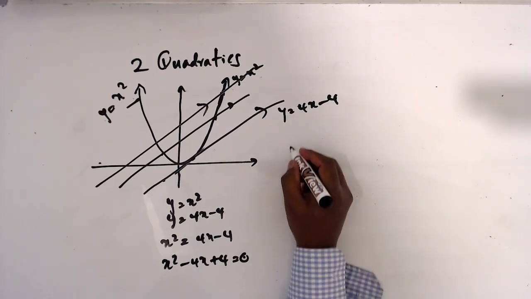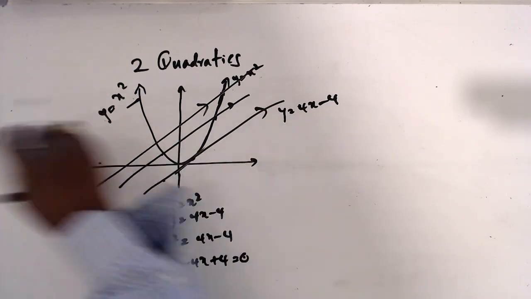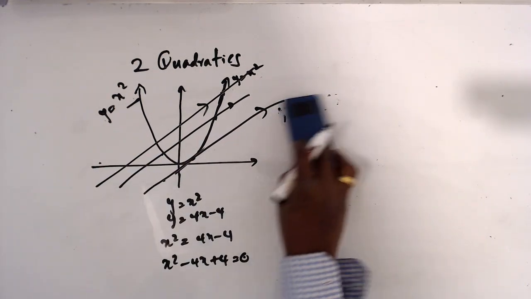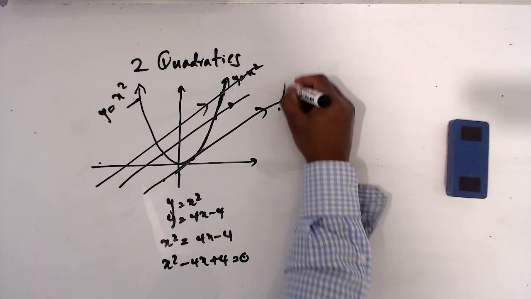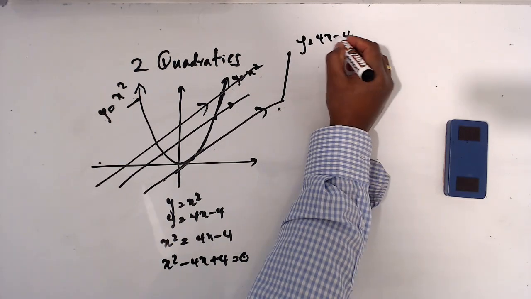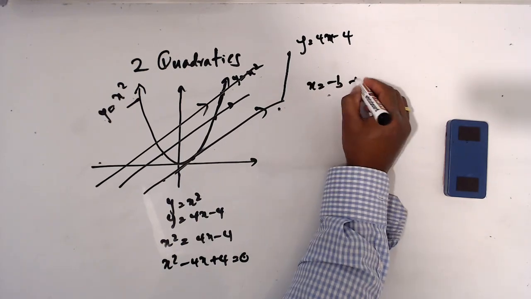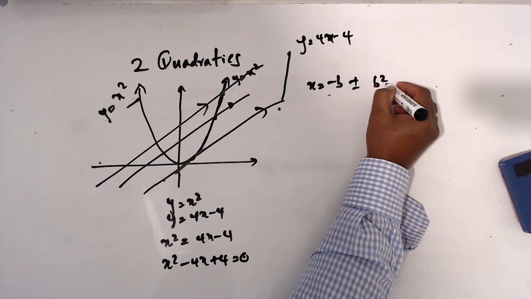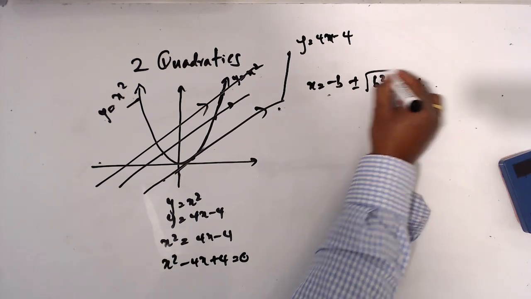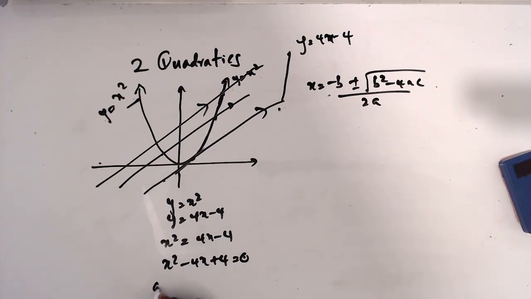Now we'll work with the formula. So I will write here y equals 4x minus 4. What is the formula? x equals minus b plus or minus the square root of b squared minus 4ac, over 2a, for ax squared plus bx plus c equals 0.